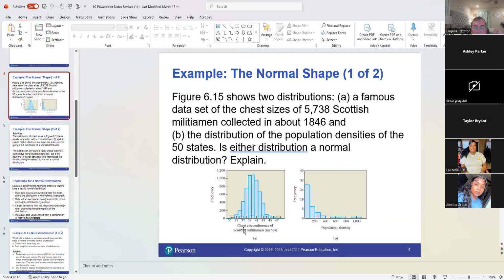So notice on the bottom it says the chest circumference of Scottish militiamen. That's the scale on the bottom, going from around 33 up to around 47. And then the frequency on the left side, the vertical, that's how many men had each of the sizes. Okay.